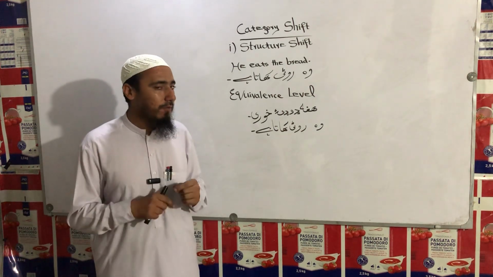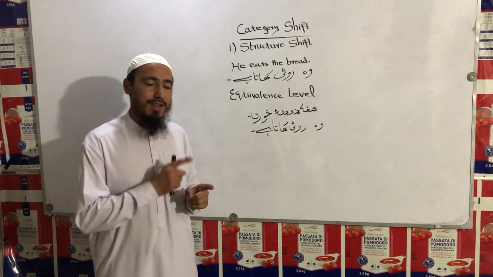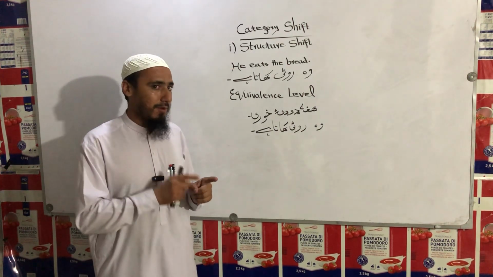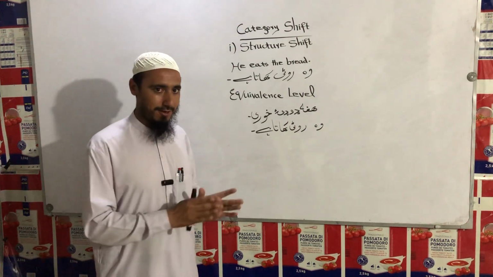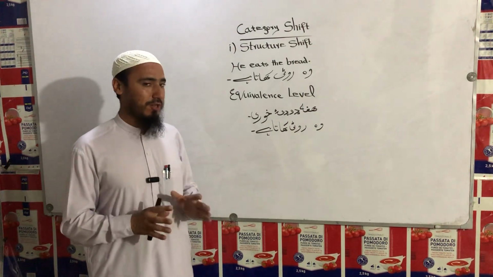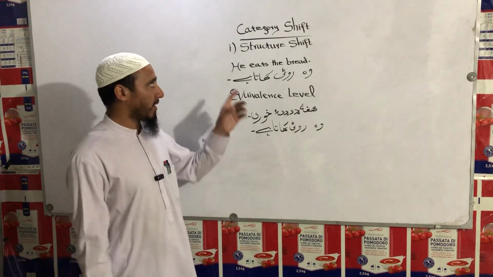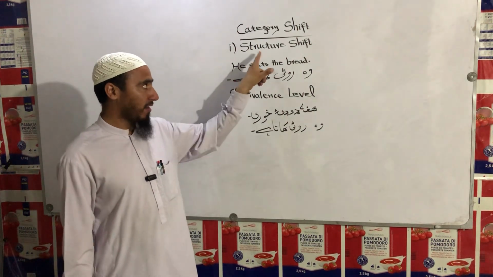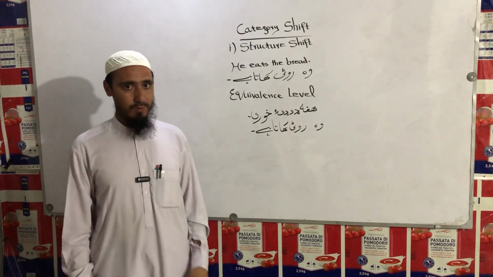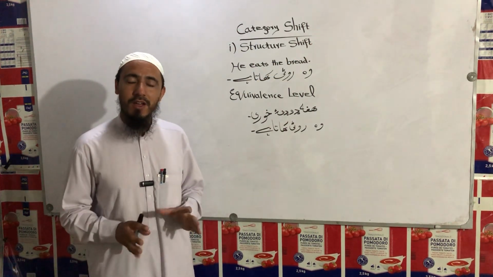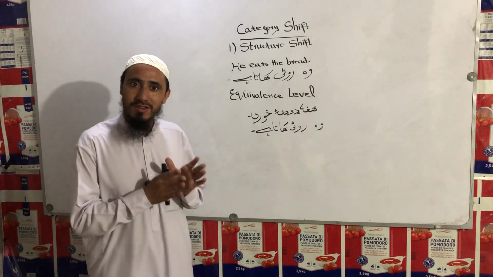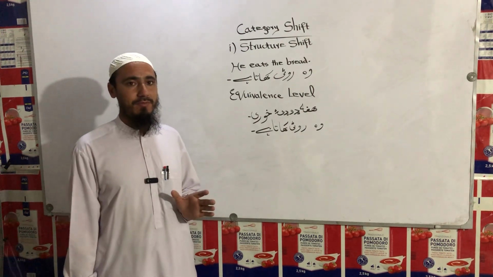So if we translate the message of the source text into the target text and the structure does not remain the same, such a kind of change is called structure shift. Why is it called structure shift? Because the structure does not remain the same.